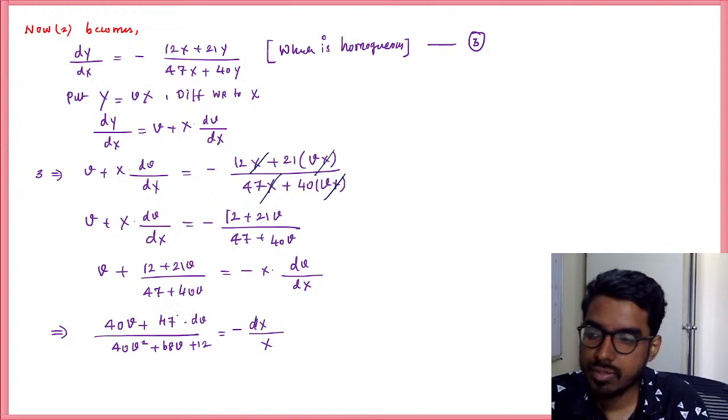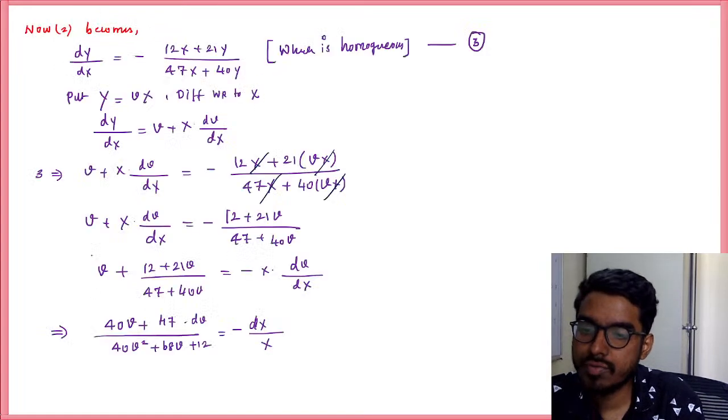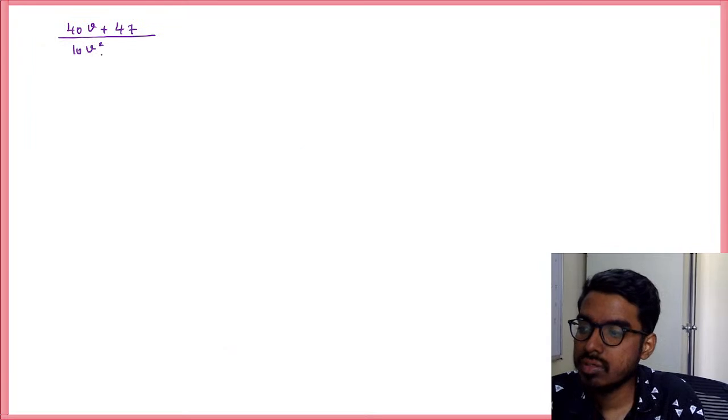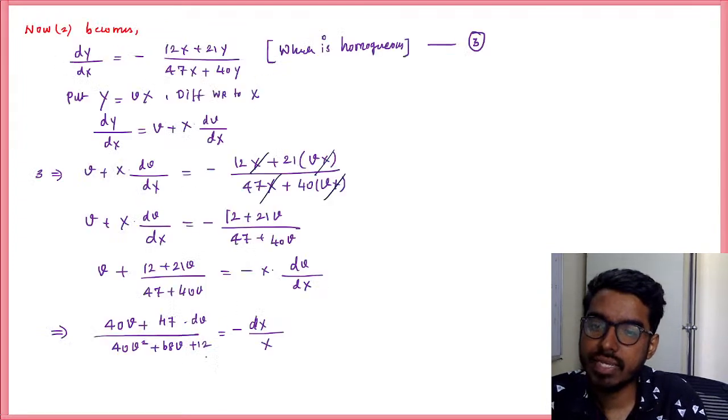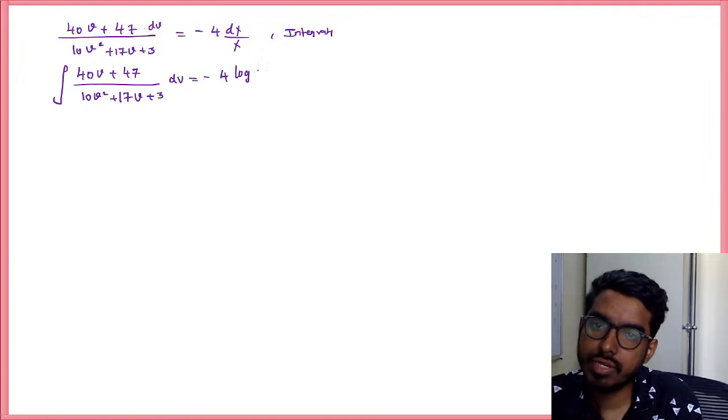If you take 4 common here, we'll have (40v plus 47) divided by (10v square plus 17v plus 3) dv is equal to minus 4 dX by X. I'm just taking 4 common and taking it to this side. Integrate. The integration of (40v plus 47) divided by (10v square plus 17v plus 3) is equal to minus 4 into log X plus log c.